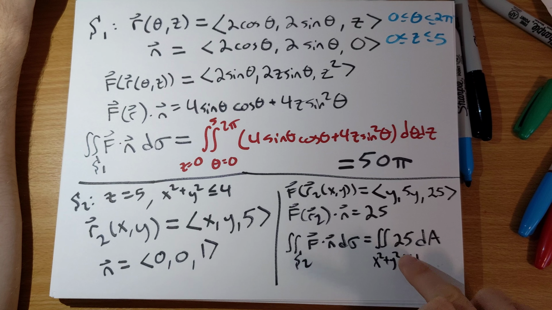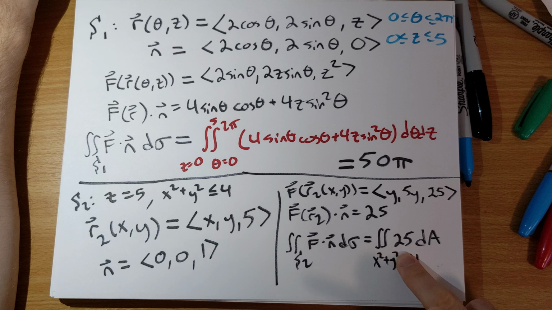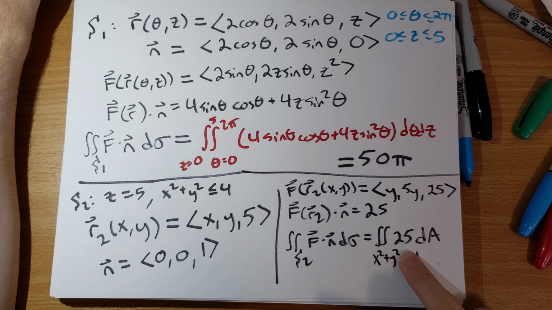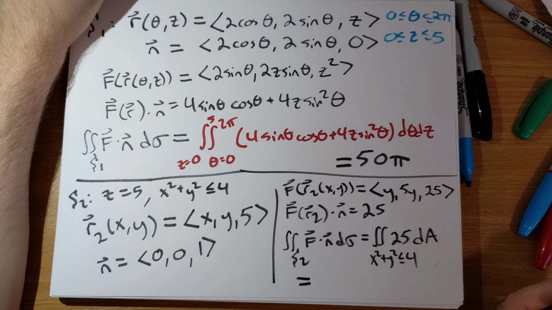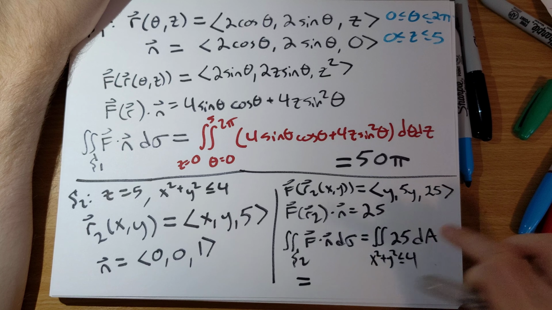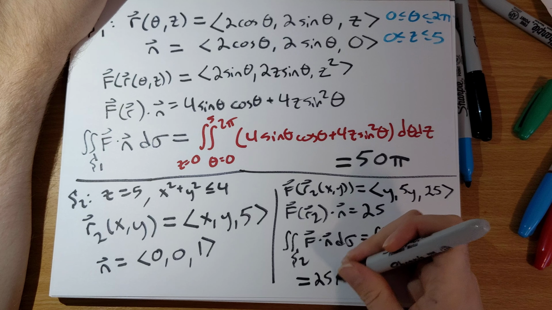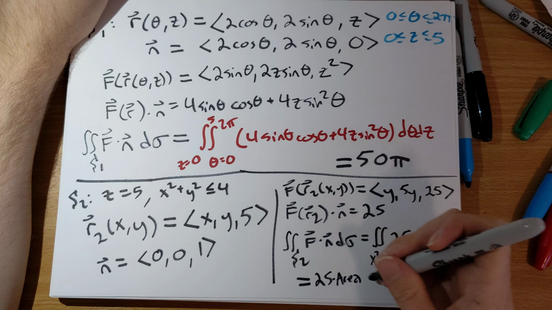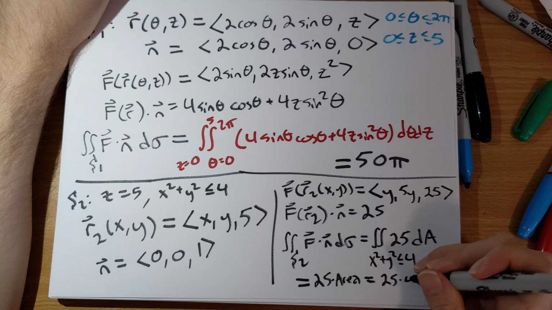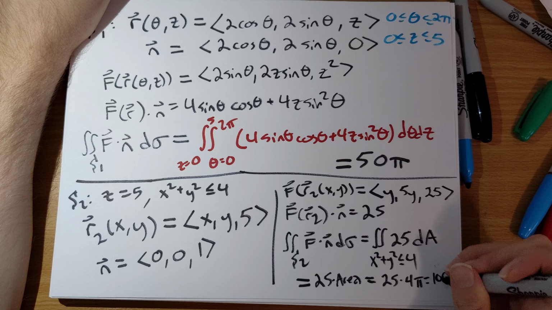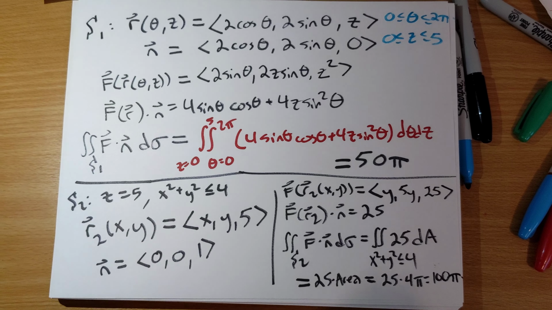This is a circle of radius 2. The area of the circle of radius 2 is going to be 4 pi. So when we integrate a constant over this, this is 25 times the area. And the area of that circle, as we just said, was 4 pi. 25 times 4 pi is 100 pi.